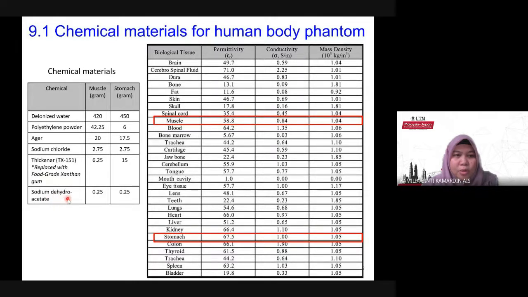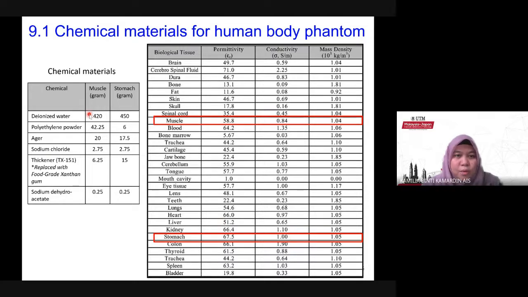So basically, this polyethylene powder is a very important ingredient. This will determine the value of the permittivity, this value here. And the other very important chemical material is sodium chloride, which will very much affect the conductivity values.